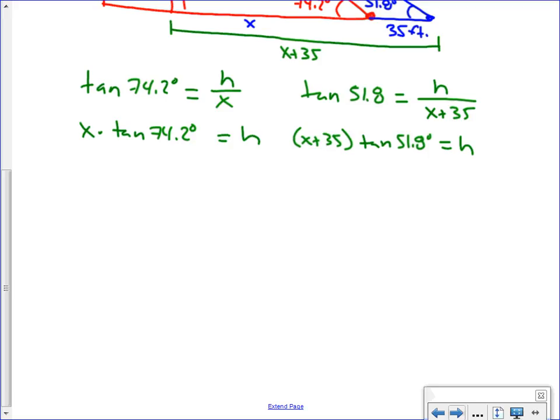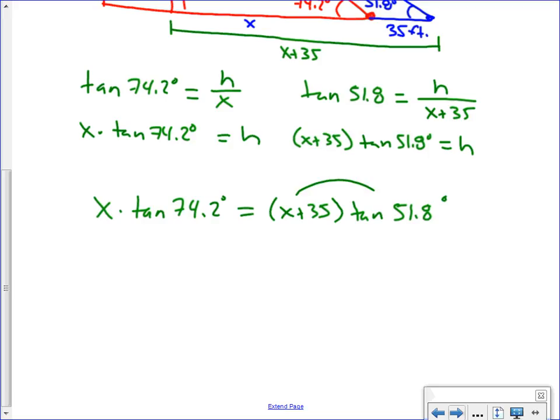So here we go. Bring back your algebra 2. X times tan 74.2 is equal to x plus 35 times tan 51.8. Yes! Good old algebra 2. If you were to distribute, then this side would be x tan 51.8 plus 35 tan 51.8.